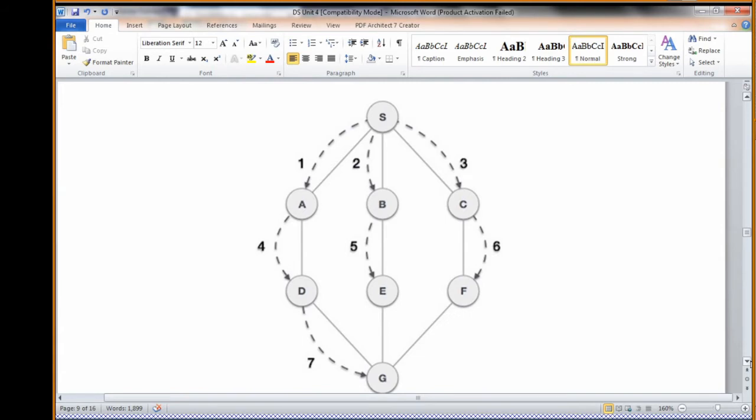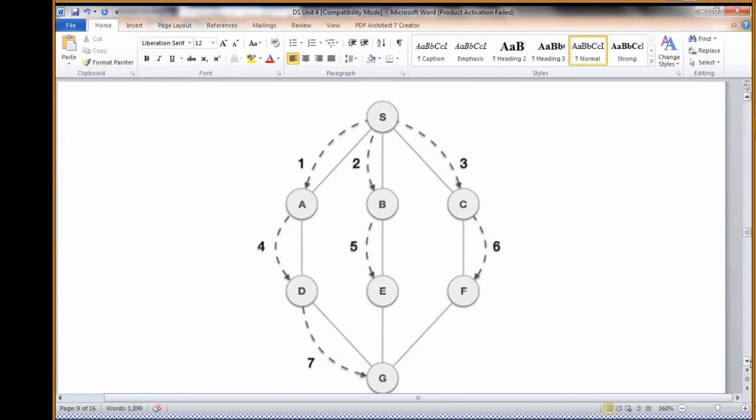Now it will go to the second level A, B, C, and see what adjacent vertices are there for A, and next B, next C. Like that it completes the next level, that is D, E, F, and after that it will come to D and identify the adjacent matrix. G is there, so D to G.